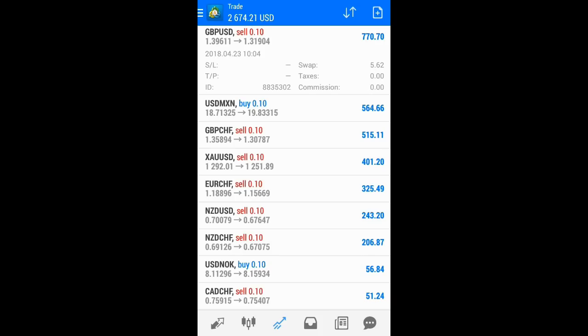Now, I'm able to see that I've profited $770. Remember, if $1 is equivalent to 1 pip, that means this moved about 770 pips, which translates into $770. It actually moved a little bit more than that, because the broker is going to collect their profit.